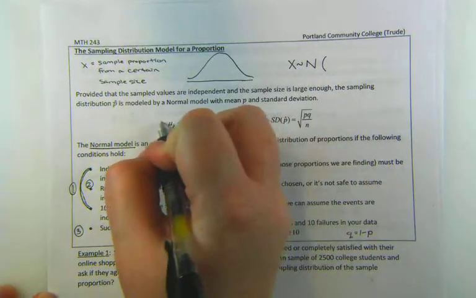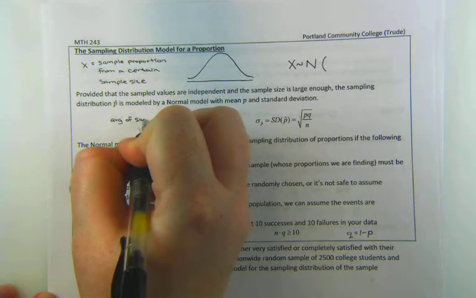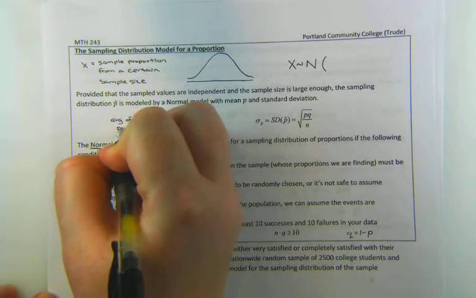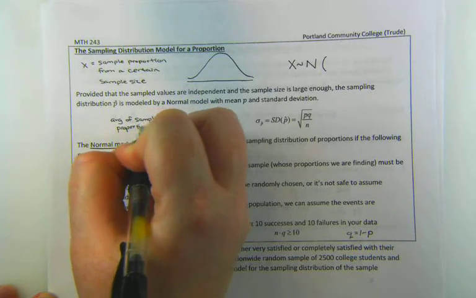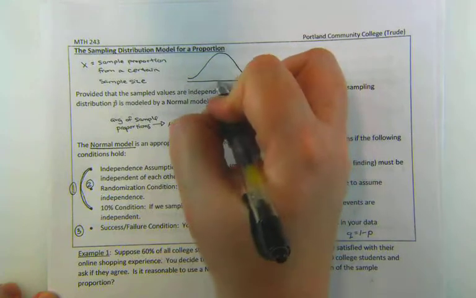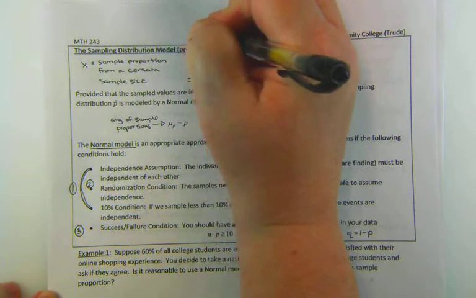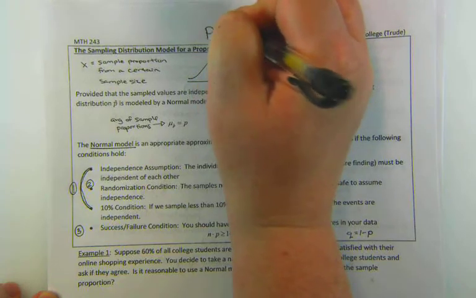So what we saw is when we take the mean, or the average of those sample proportions, which is this notation right here, that's our average of sample proportions. So when we take all of those p-hat values and take their average, it should just be the population proportion.